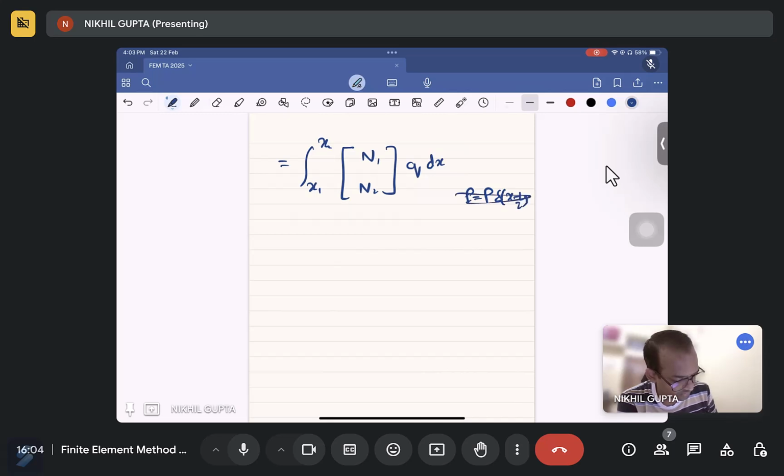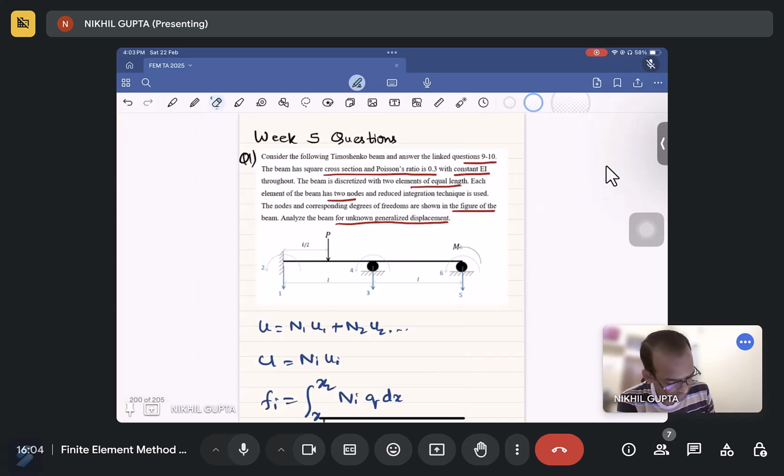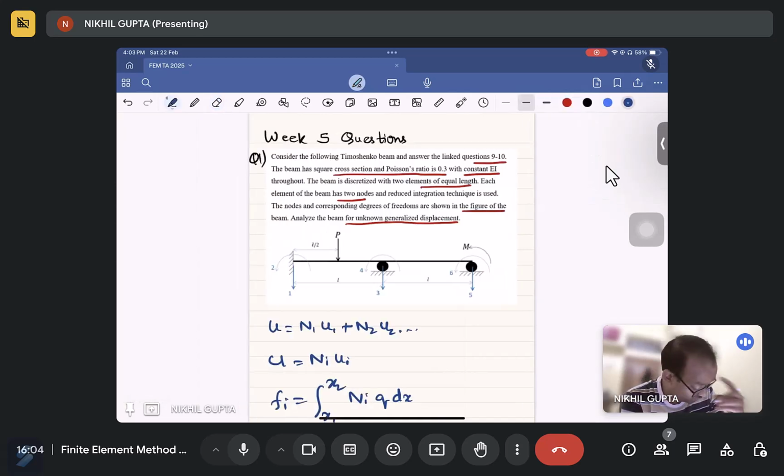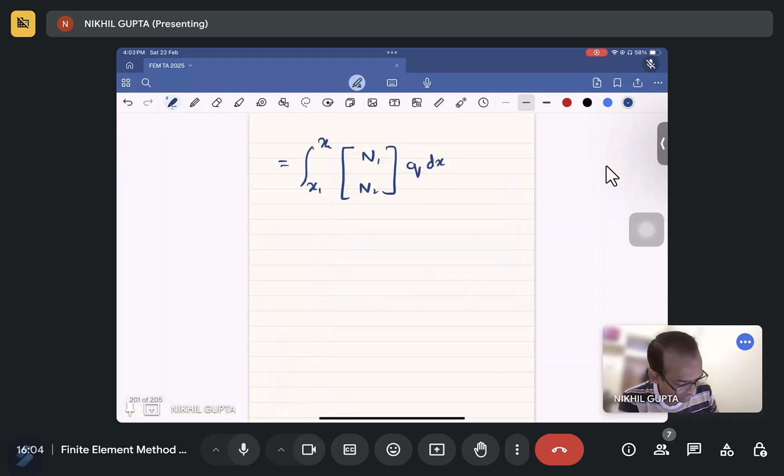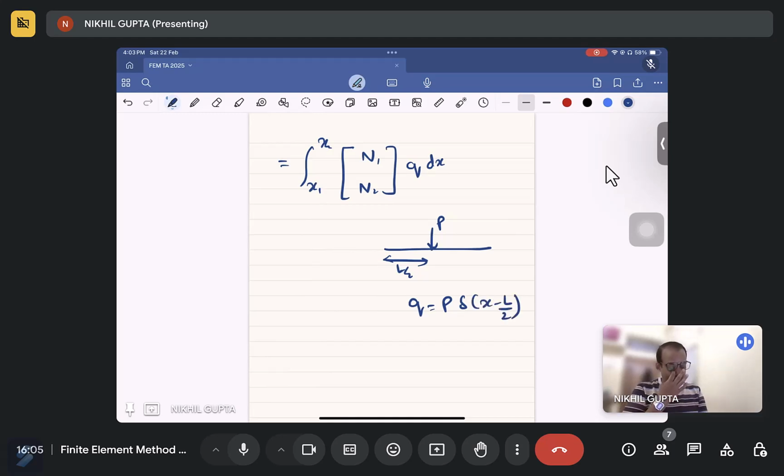To make it clearer, I'll show it on the previous page as well. This is the acting load P. Let's say it is acting at L by 2. So this q can be written as P delta of x minus L by 2. Do you know about this delta function?